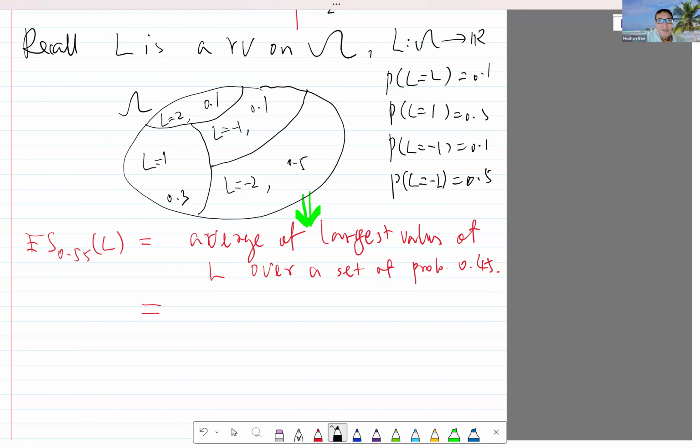Average of the largest values of L over a set of probability 0.45. The largest value is 2, and the probability is 0.1, not enough. The second value is 1 with probability 0.3. So in total, you have probability 0.1 plus 0.3, total 0.4. Not enough. We need 0.45. What do you do?